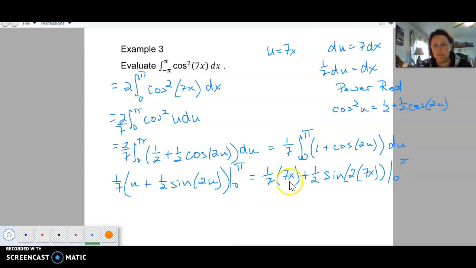I'm going to simplify a little bit, but I'm going to plug in pi and 0 as I go. So that's going to equal x, which is pi, so pi plus 1/2 sine of 14 pi, minus, and then we're going to plug in a 0, so we'll just have 0 minus 1/2 sine of 0.